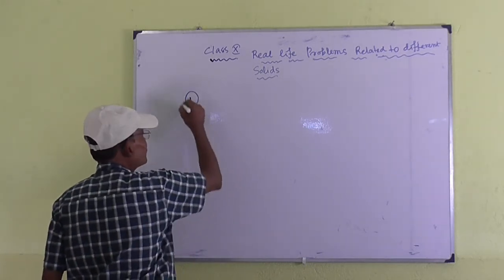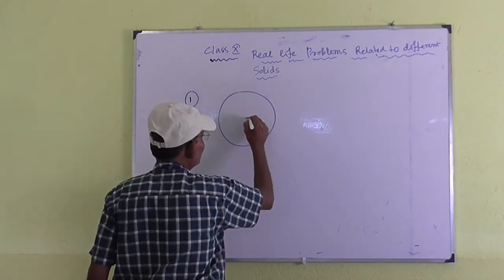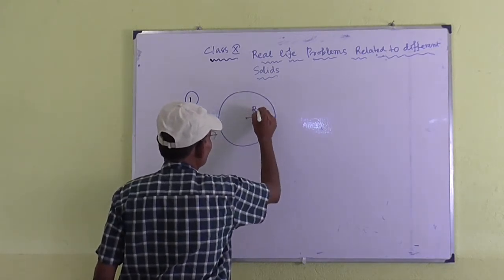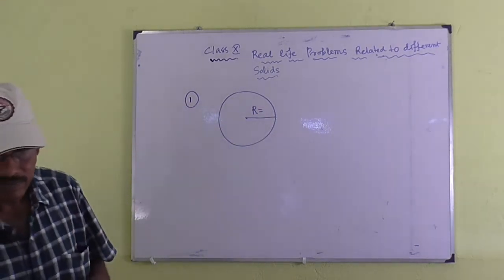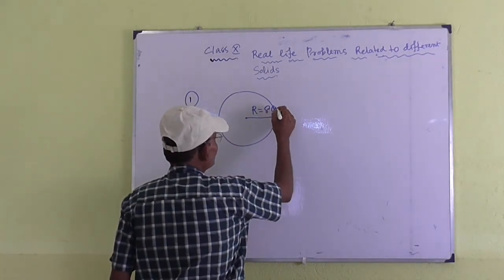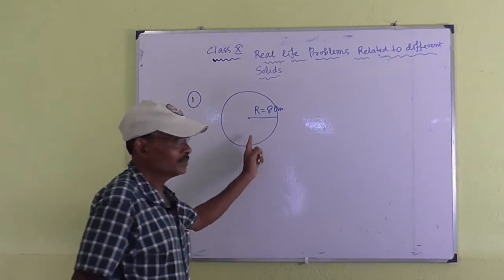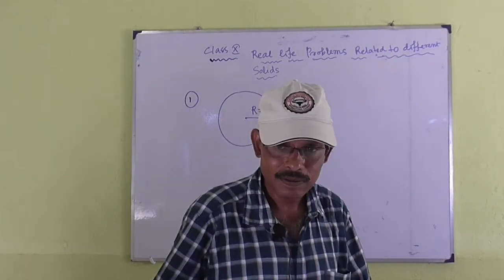Here, this is a sphere whose radius is 8 centimeter. Clear? Now, it melts to form small spheres.